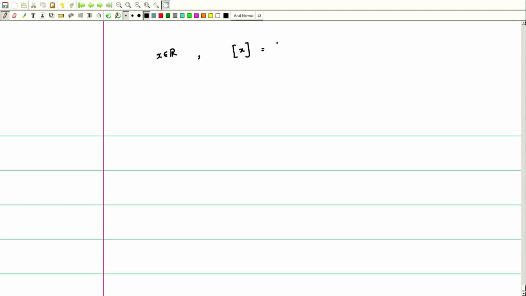This is the largest integer less than or equal to x.